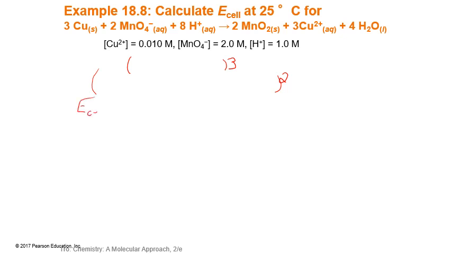So our Ecell under standard conditions is going to be the 1.68 volts plus our negative 0.34 volts. Now, if we were subtracting them, we would have to reverse the reaction for the oxidation, and we would end up with the same value. Our overall is going to be a positive 1.34 volts.